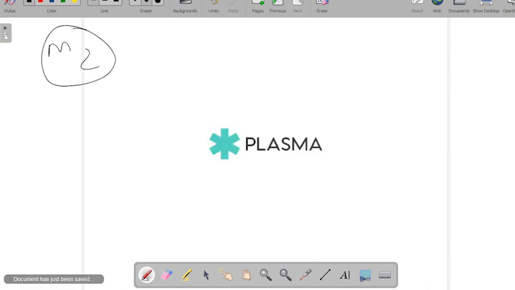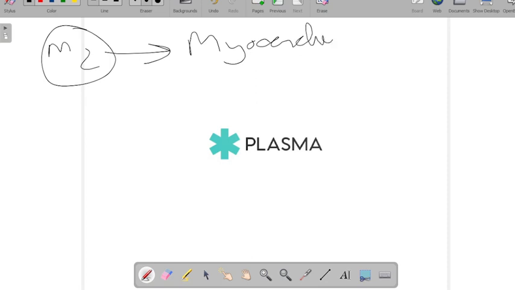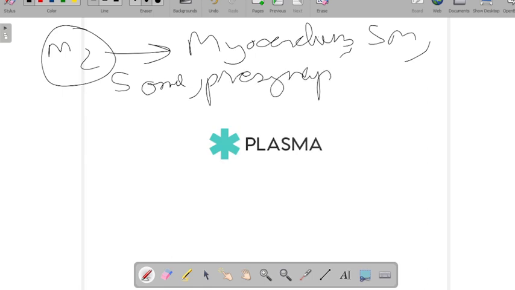Now the M2 is present in myocardium, smooth muscle, some presynaptic sites, CNS neurons.